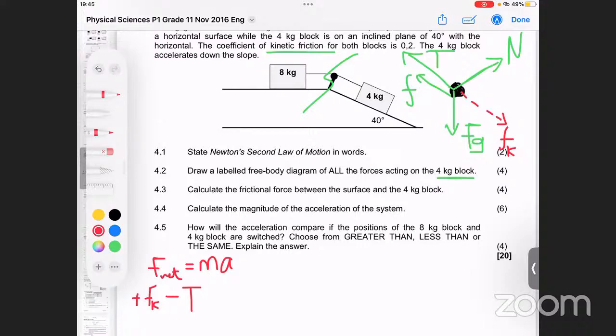We're going to break FG into its X and Y components. Since we're focusing on the horizontal, the x-axis, we are going to say minus FG parallel equals ma.